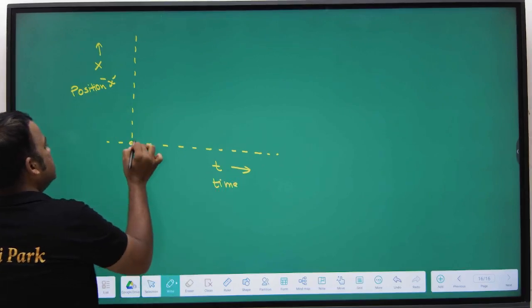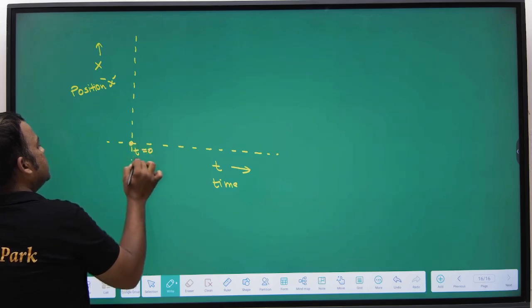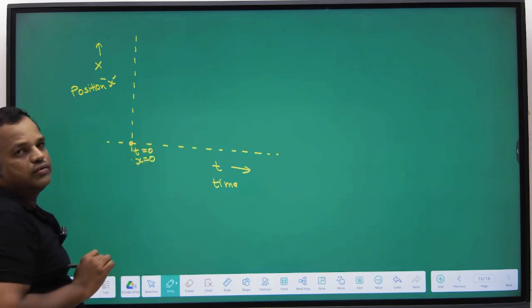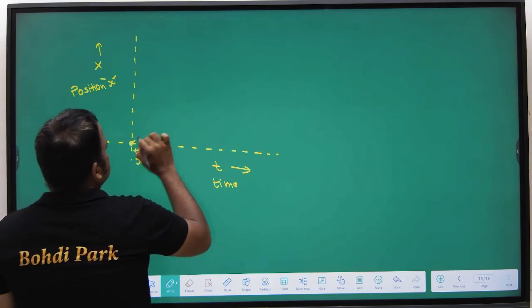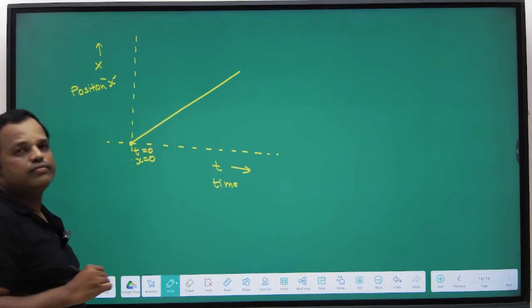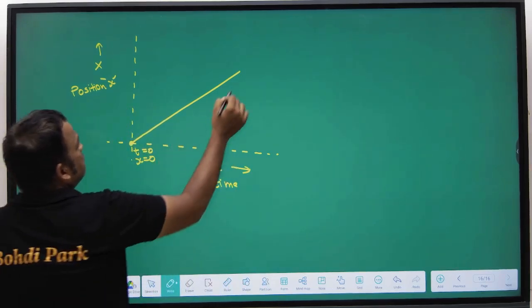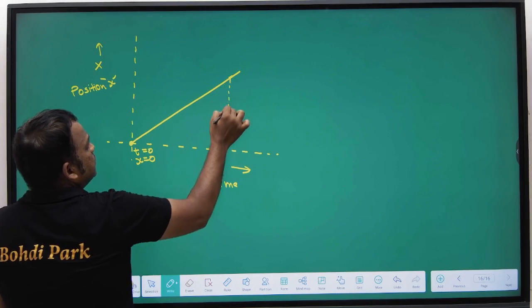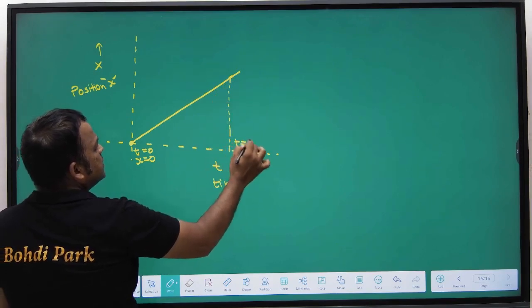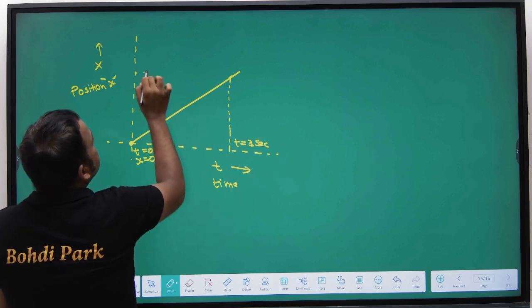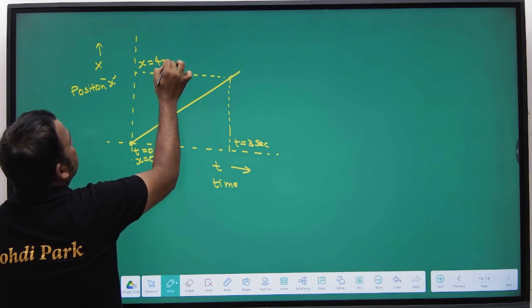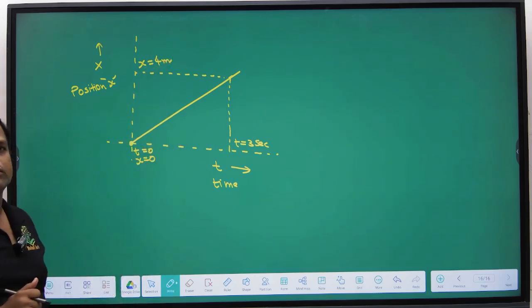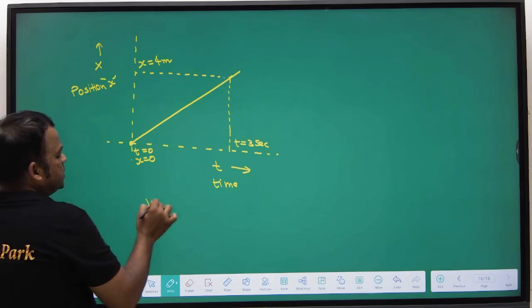So when time is 0, the position x is also 0. And suppose the graph is like this, it is a straight line graph. It is given in question when time is 3 seconds, the position x is 4 meter. How to find velocity?